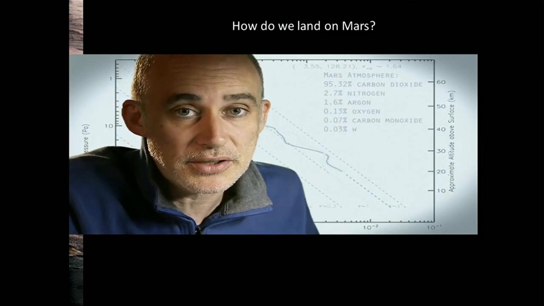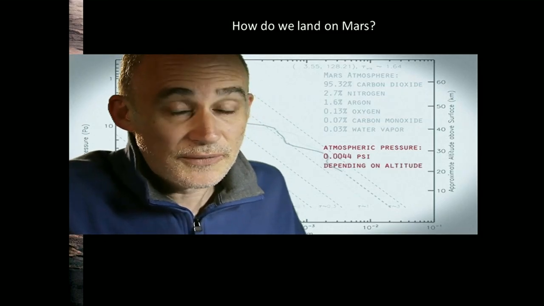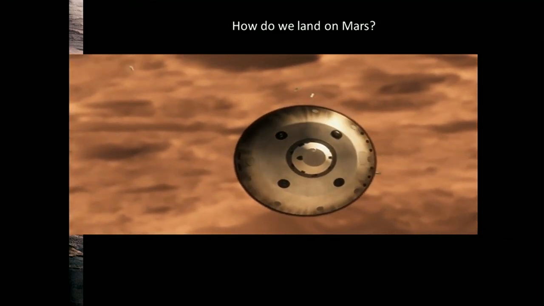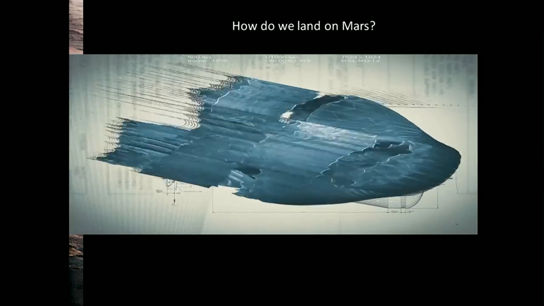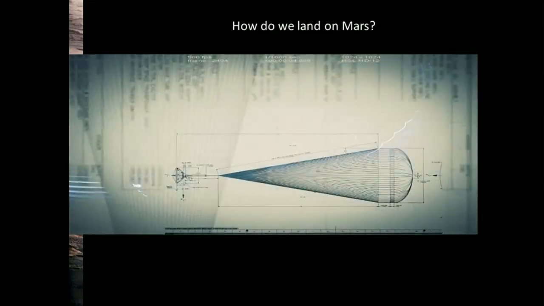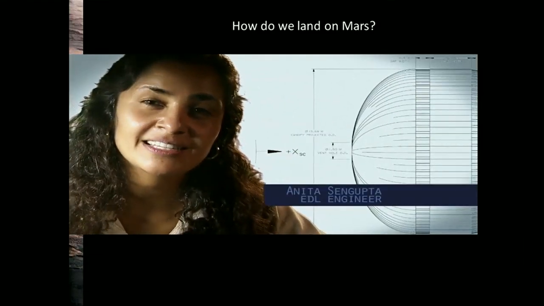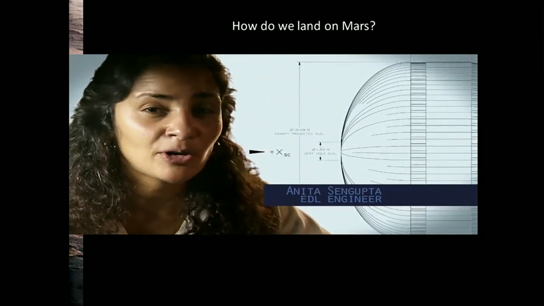Otherwise, it will destroy your spacecraft. On the other hand, it doesn't have enough atmosphere to finish the job. We're still going about 1,000 miles an hour. So at that point, we use a parachute. A parachute is the largest and strongest supersonic parachute that we've ever built to date. It has to be able to withstand 65,000 pounds of force, even though the parachute itself only weighs about 100 pounds.